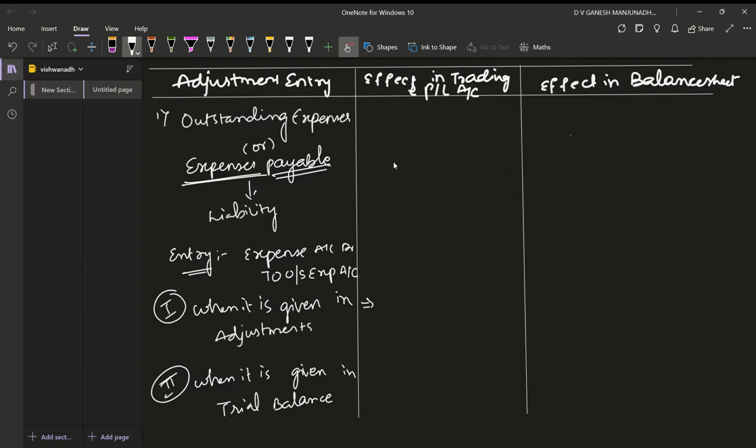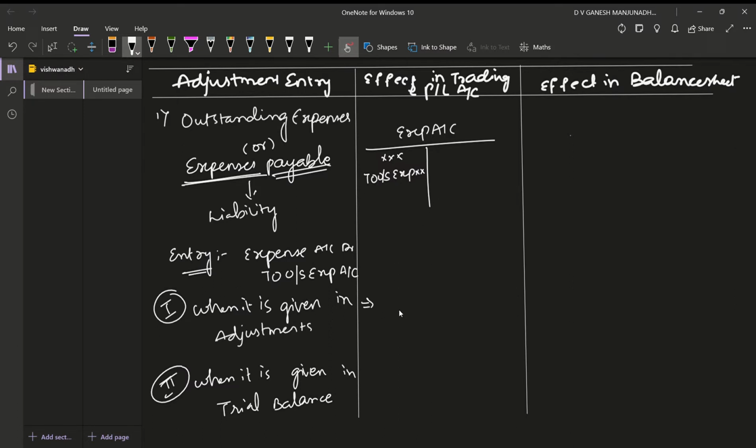That means in the expense account we add the expense. If the expense account has some balance on the debit side, because an expense has a debit balance, and there is an outstanding expenditure, we write 'to outstanding expenditure'. That means this amount will be added to the expenditure.